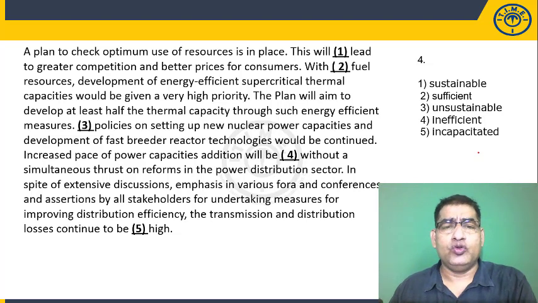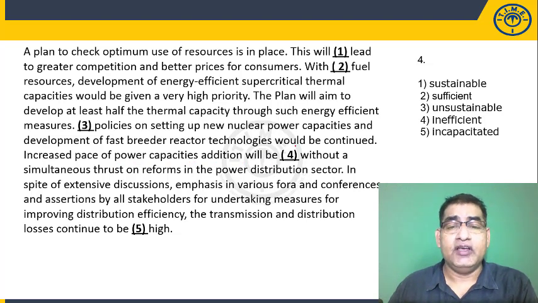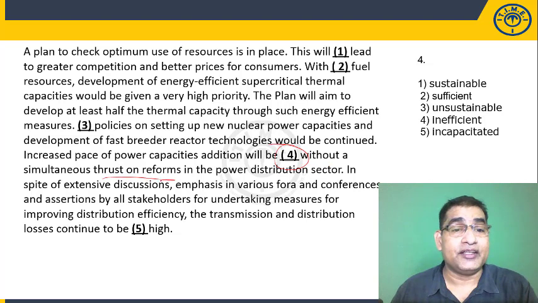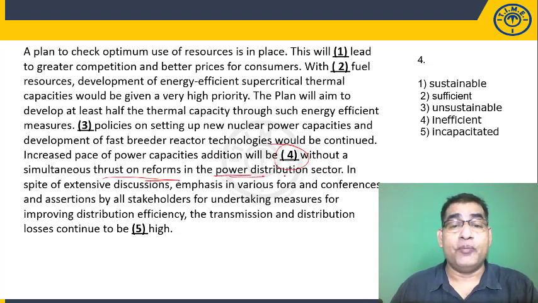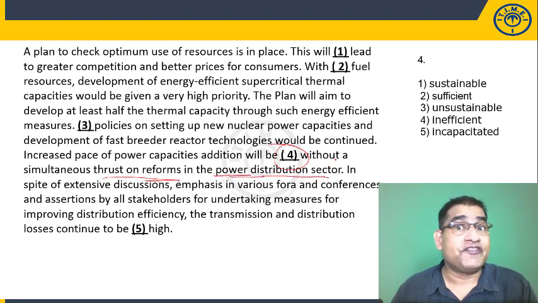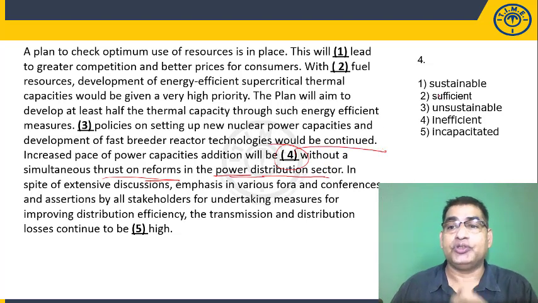And what was our clue for the fourth blank? If I remember right, increased base of power capacities addition will be dash, will be insufficient without a simultaneous thrust on reform in the power distribution sector. So insufficient is what we thought about. So sufficient obviously is the opposite. So 2 is rejected.